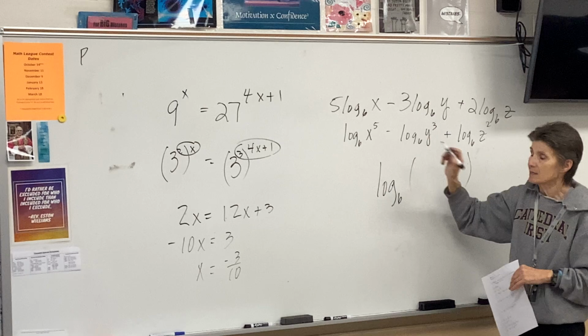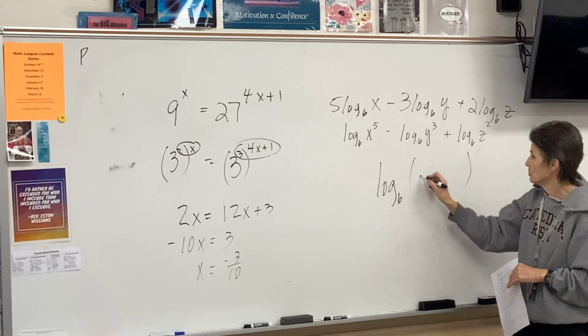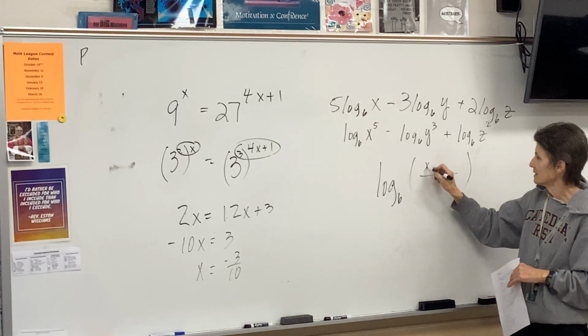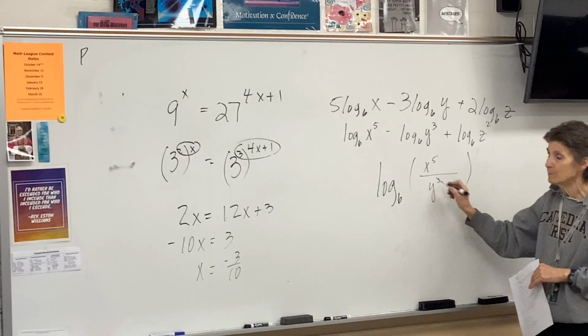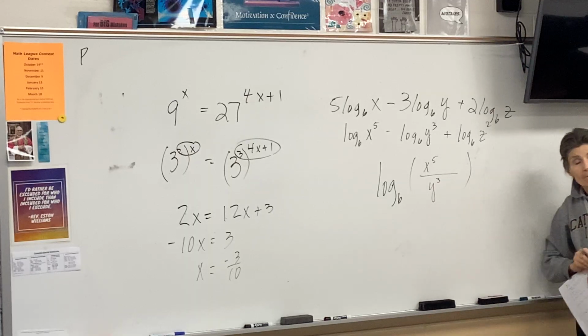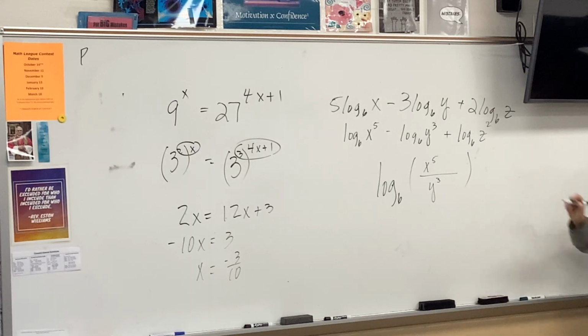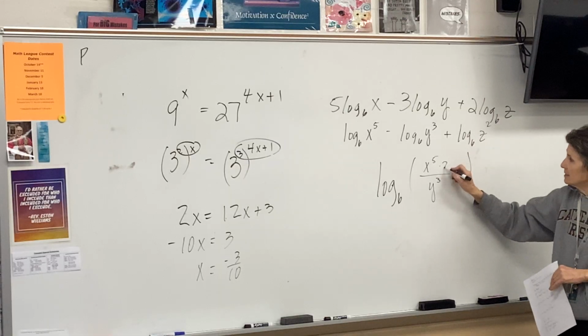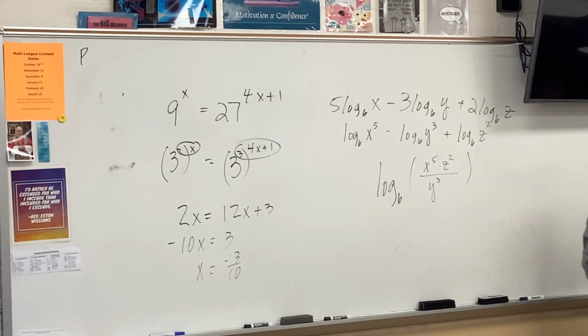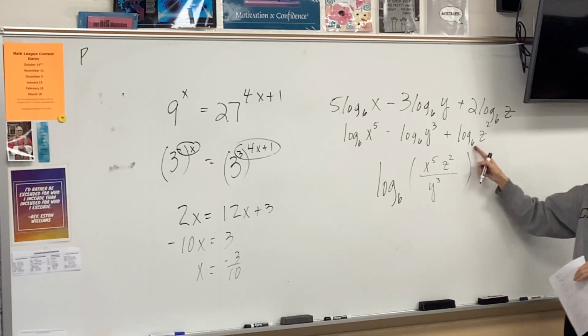These two are being subtracted. So doesn't that mean I'm going to have x to the 5th over y cubed? And then that one is being added, so he's being multiplied. Do not put him in the denominator.